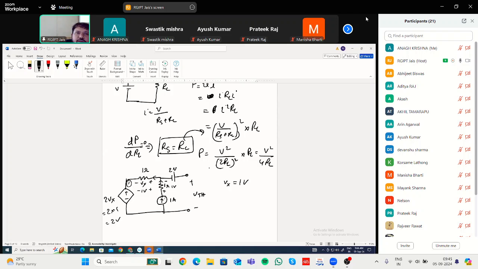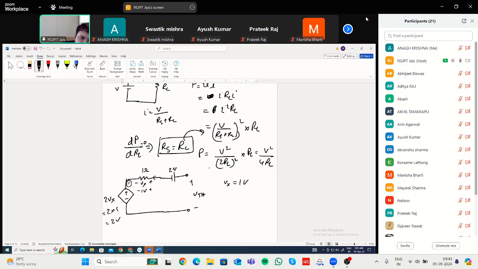Now, what you have to do? Let us consider this as a voltage source, this is plus VTH. Now, if you forget about this loop, this one, and apply KVL in the outer loop, then what will happen?